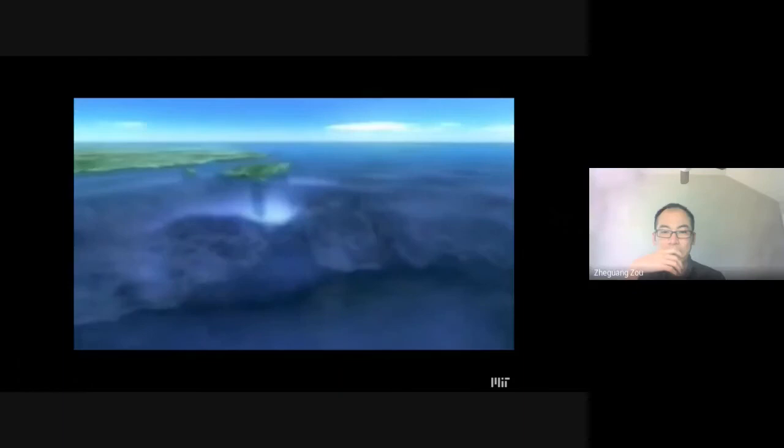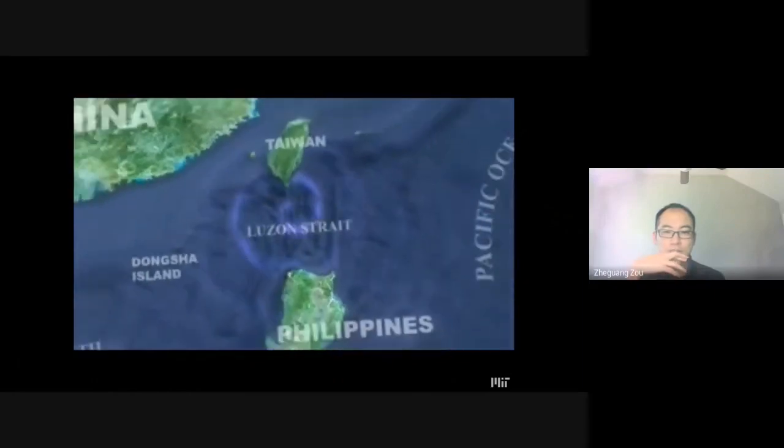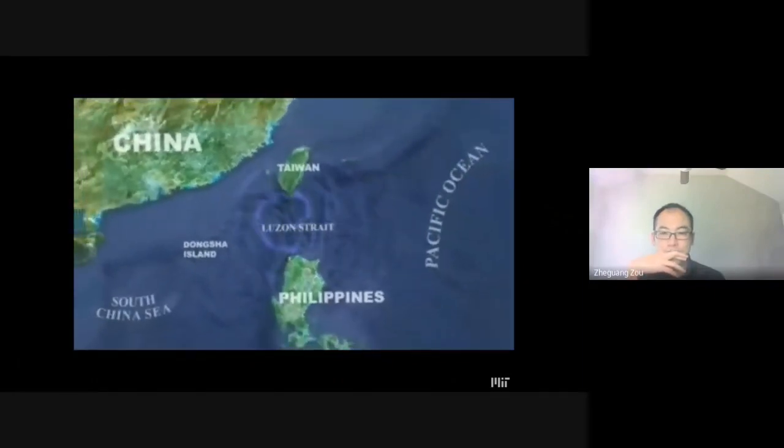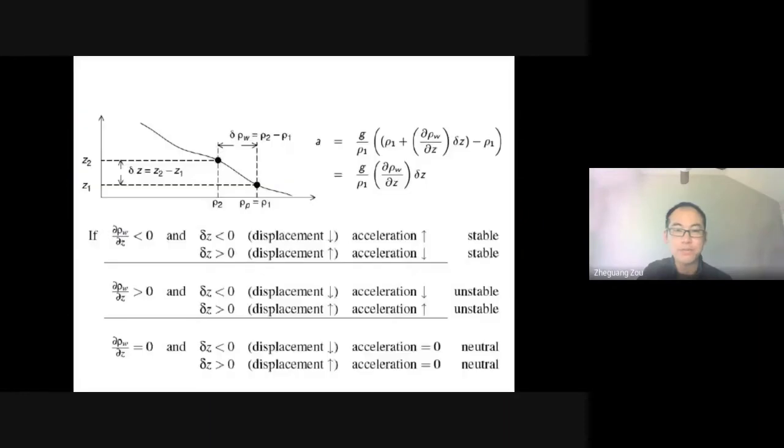And this is the idea from the surface. After they are generated, they propagate in different directions. So this is the idea of an internal wave.